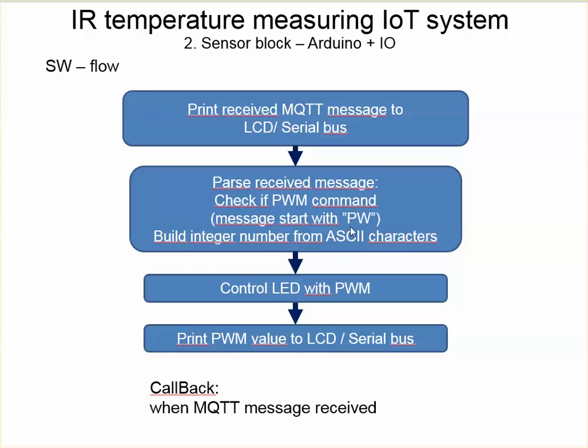We check first whether the first letters are PW, then we know it's our brightness data, followed by ASCII characters. Then we define the brightness of the LED and print that value to our local display, and then we return from this callback, waiting for the next message.